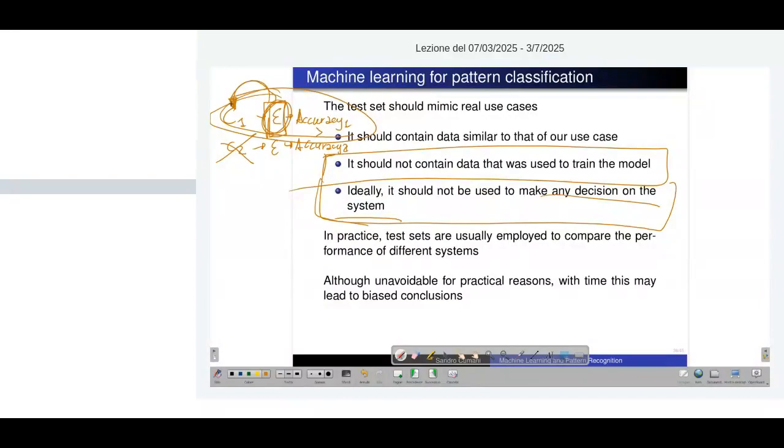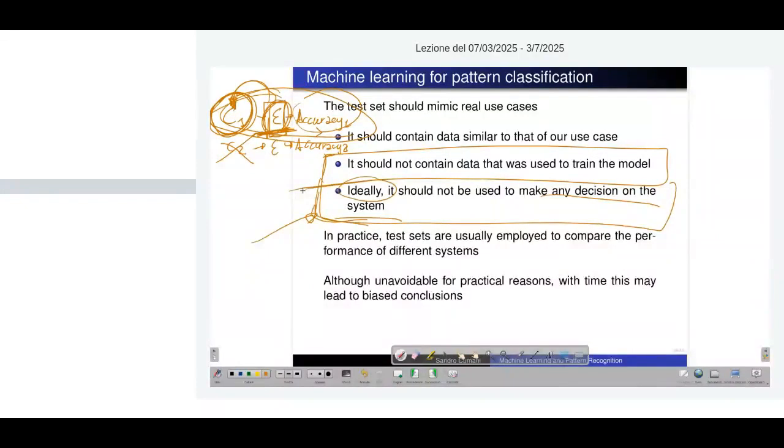But in any case, from now on, whenever I use my evaluation data to make assessments, this will be biased because I will have chosen the classifier based on the optimal performance on the evaluation data themselves. Problem is, this second step ideally should be avoided, but in practice it cannot be avoided.